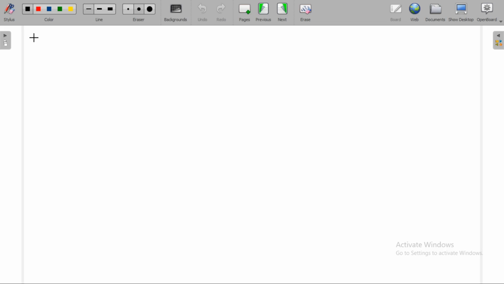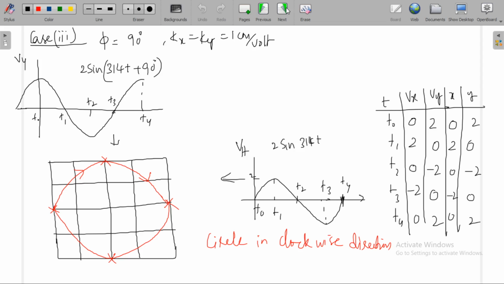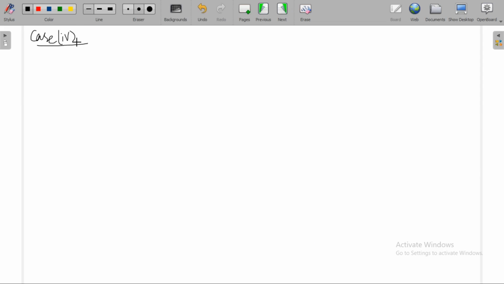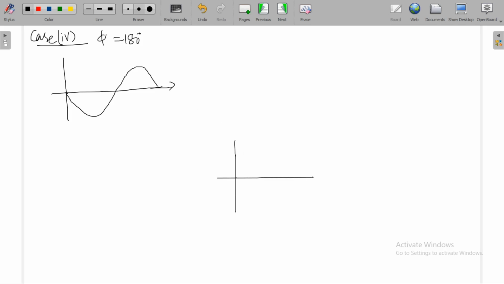Case 4. Phi is equal to 180 degrees. T naught, T1, T2, T3, T4.